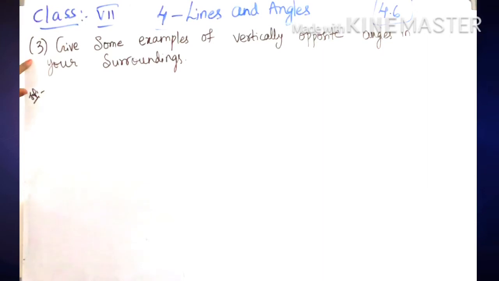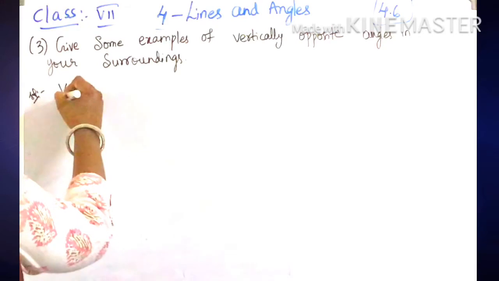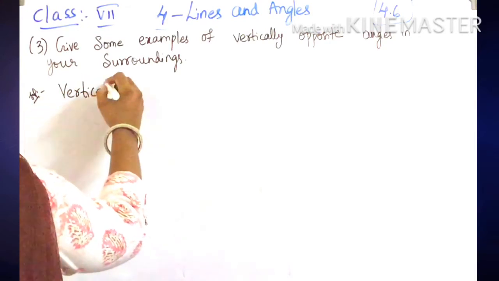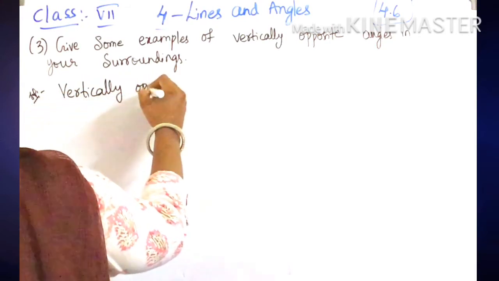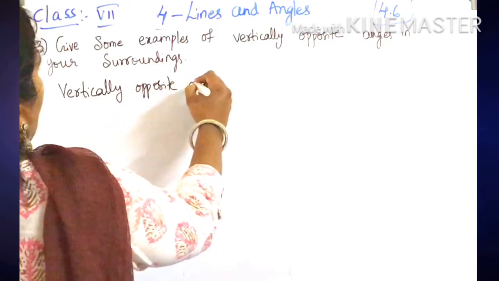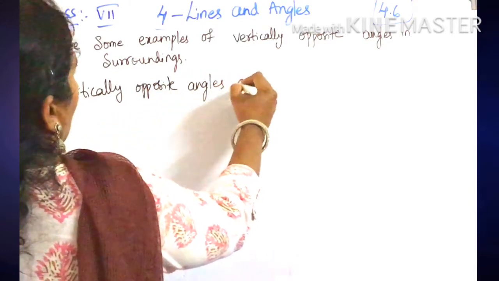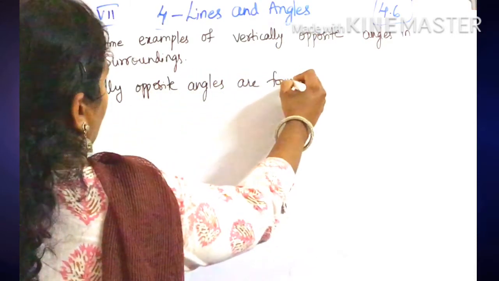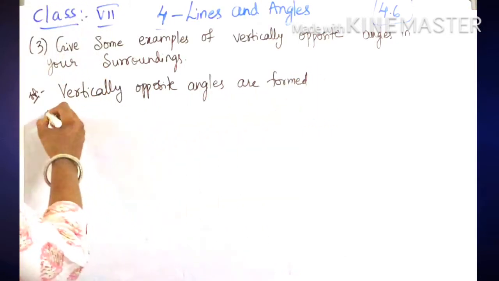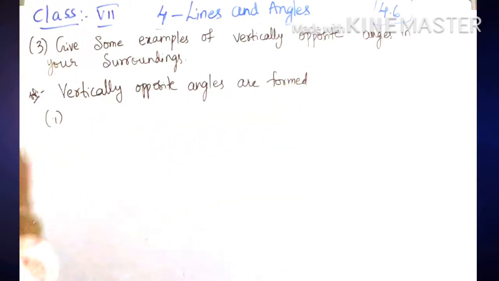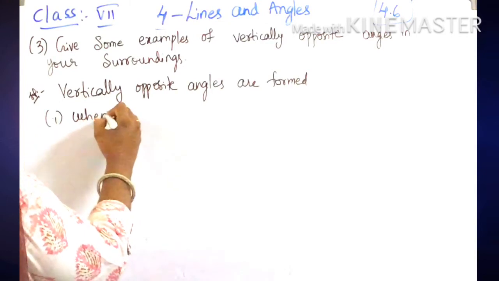Third question: give some examples of vertically opposite angles in your surroundings. Here so many examples we can write, children. See, the first example: vertically opposite angles are formed when four roads join.